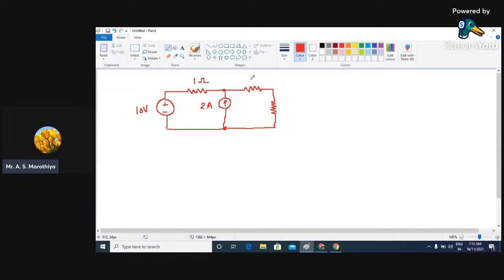And if you see, here we have 2 ohm, followed by 3 ohm.